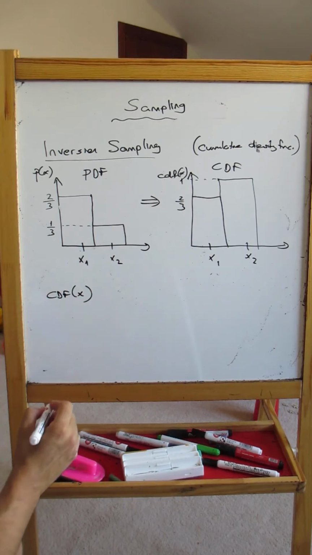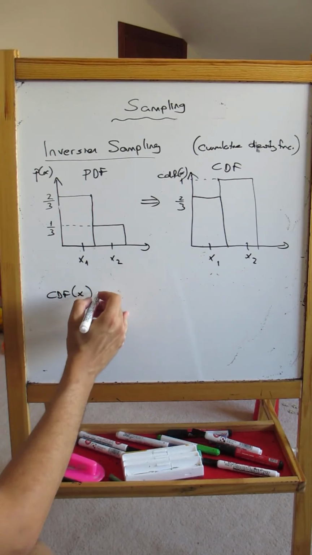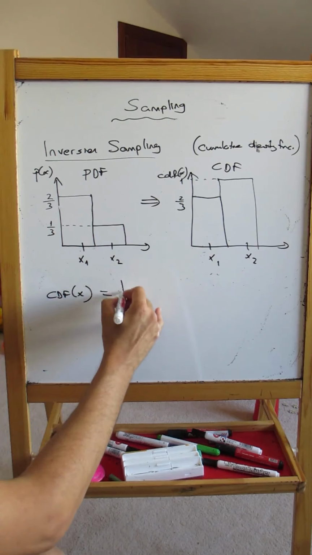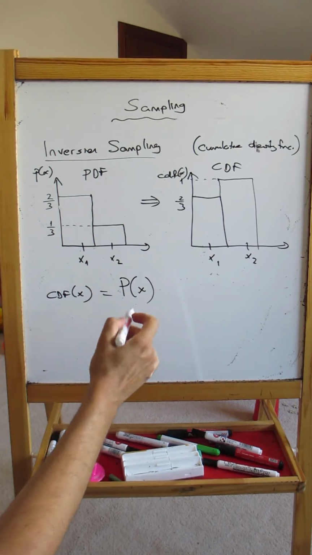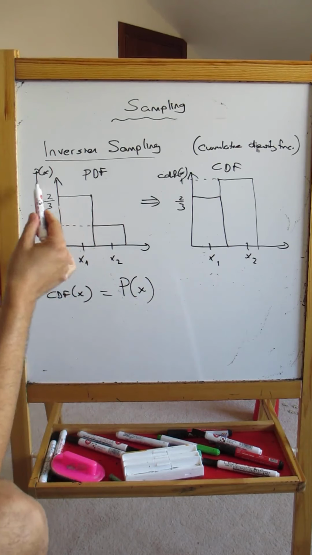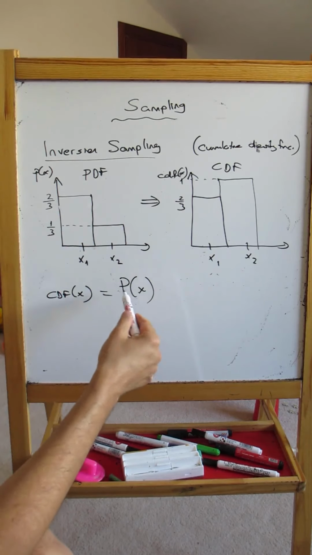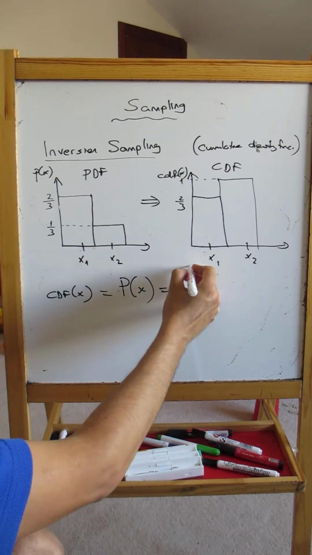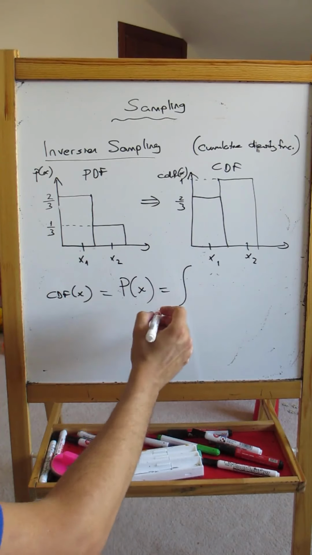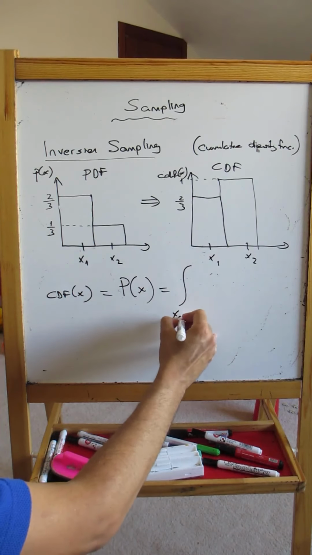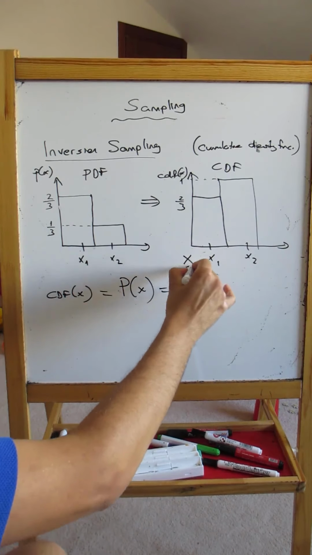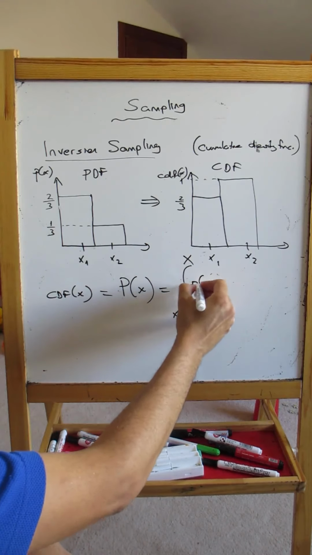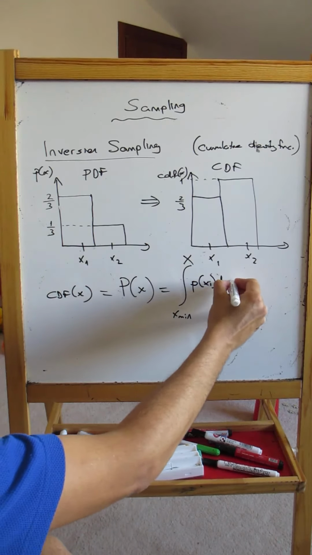The definition of the CDF of x is equal to P(x). We write it using the capital P; for the PDF we have been using the lowercase p, and for the CDF we are using the capital P. It is equal to the integral from the smallest x, x min, until our x, of p(ξ) dξ, where p is the PDF.